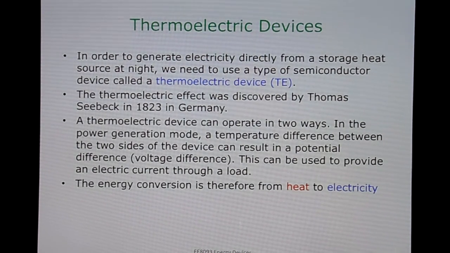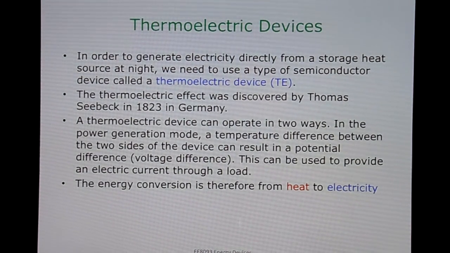So in this lecture, we will learn how this can be done. How can a concentrating solar power plant generate electricity directly from the stored thermal energy in the molten salt?